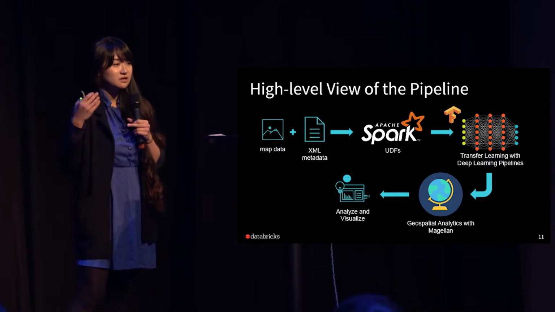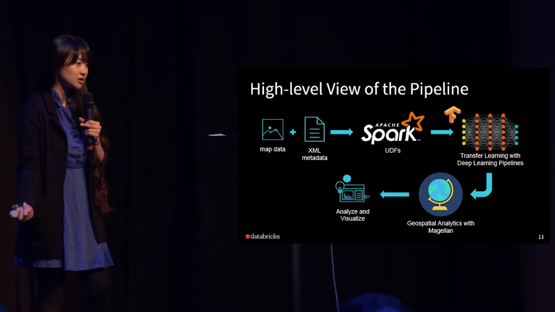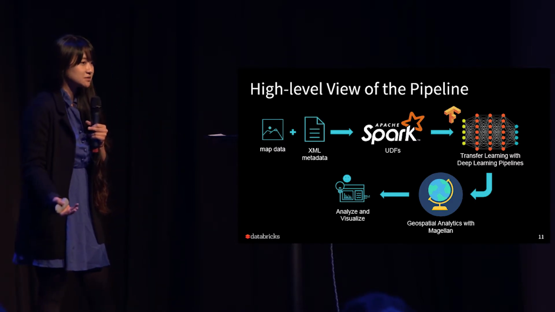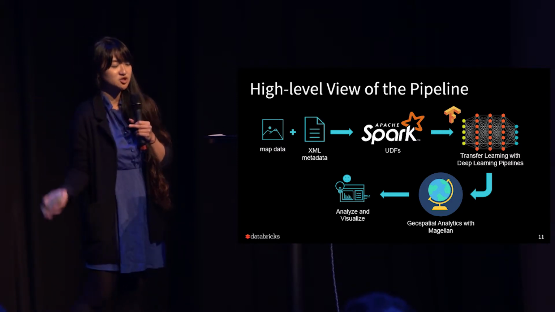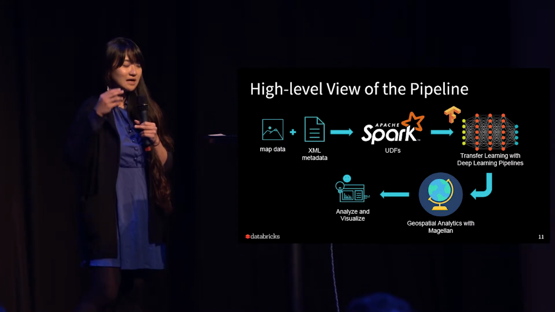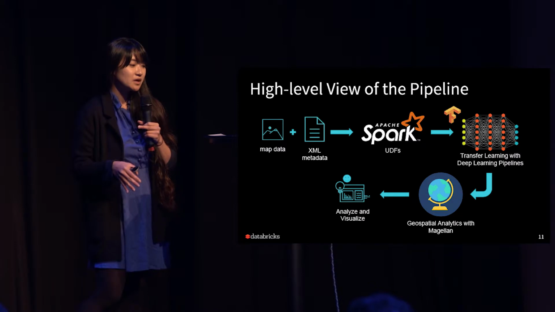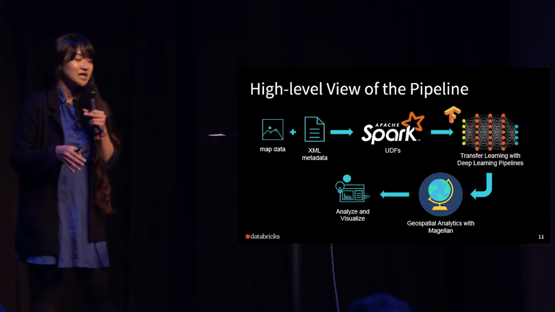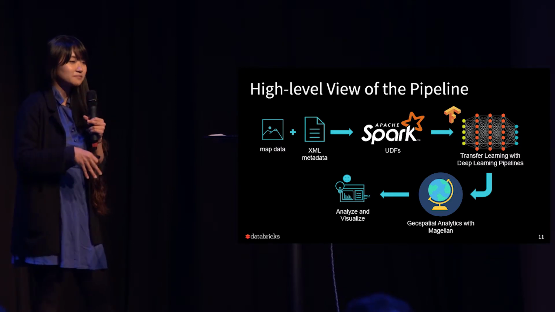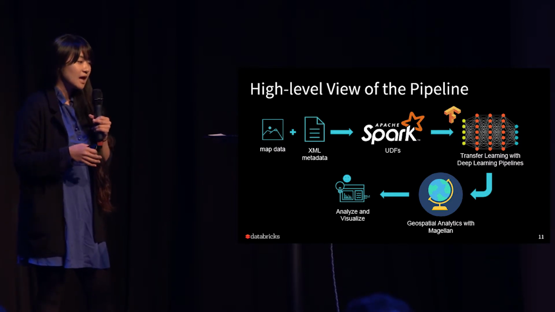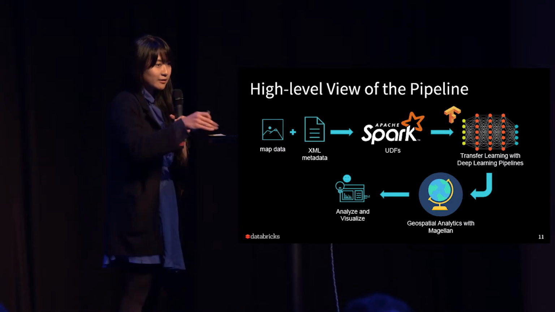Once I'm done with the transformations, I'm going to put the processed data into my deep learning model, generate some predictions, classify the objects identified to be a car, bus, or truck, and then I'm going to do a deeper dive into the prediction results with Magellan. For those of you who are not familiar with Magellan, Magellan is a geospatial analytics package built on top of Spark, so it's powered by Spark SQL. And then we're going to take a look at visualizations and take a deeper look at our results.